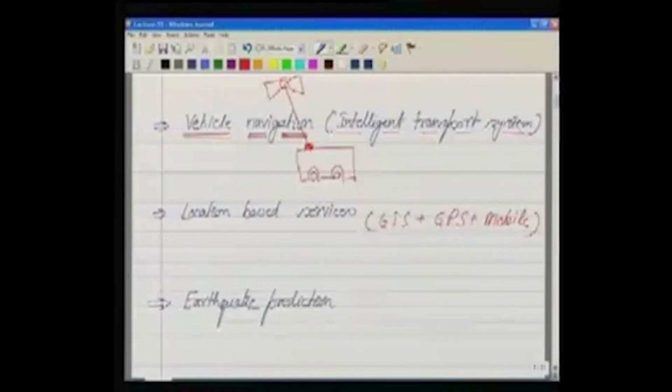Now with this, we are able to know where that particular vehicle is. Now this has many applications. For example, if there is an owner of a transport company and he wants to see on his screen in the office the location of his various taxis or various trucks.